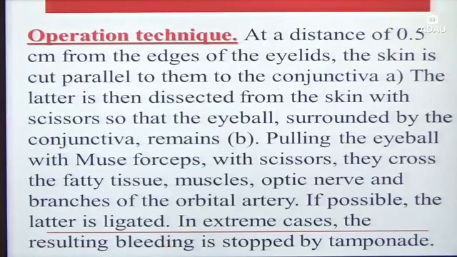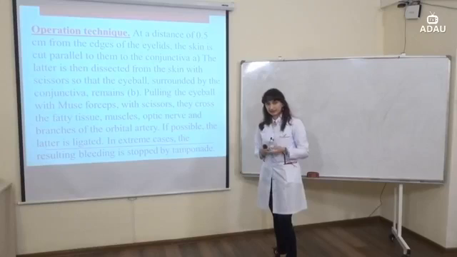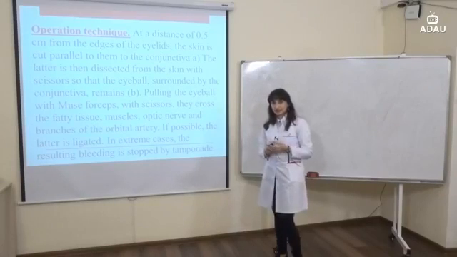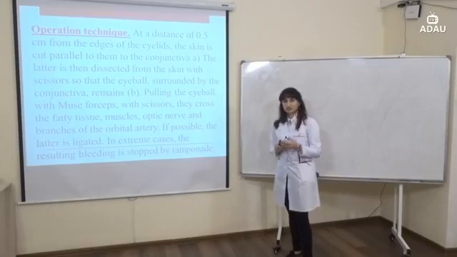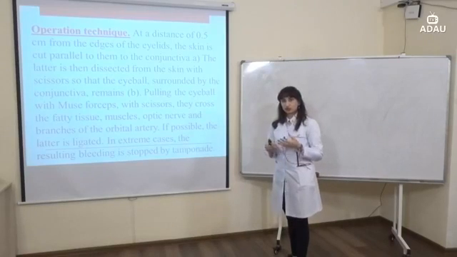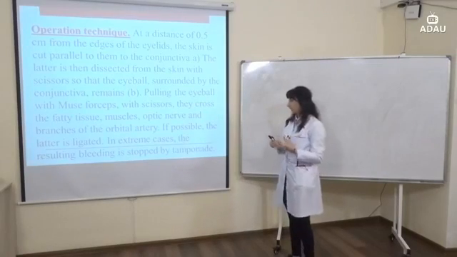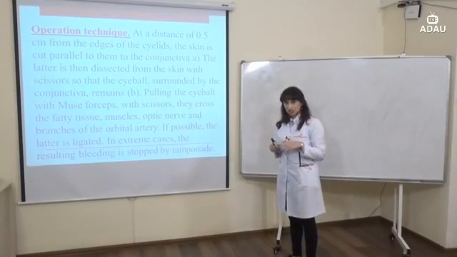First we should remove the fatty tissues, muscles, nerves, and after that we use scissors, curved scissors, straight scissors. We use these scissors to remove the contents from the orbit of the eye.